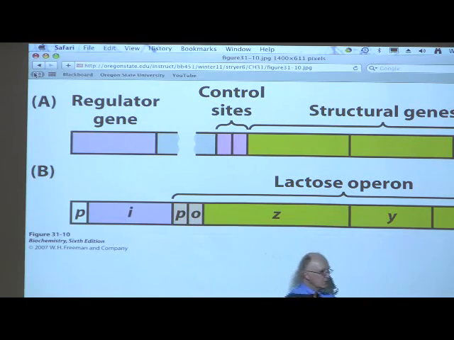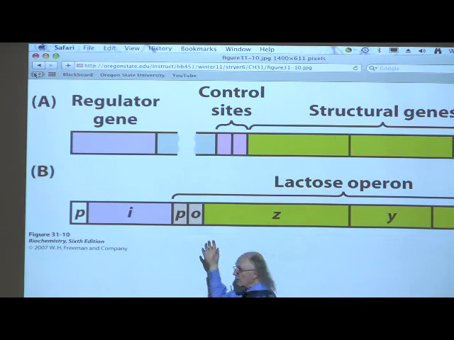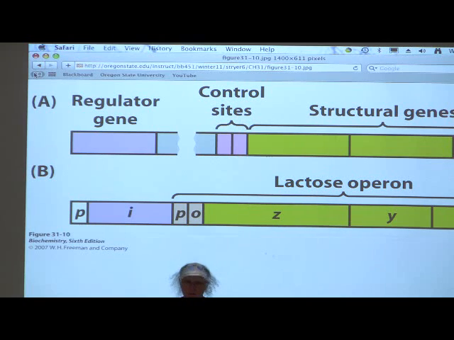However, when lactose is available, a small amount of lactose makes it into the cell. It gets converted to something called allolactose, which is related to lactose. And then allolactose binds to the lac repressor.